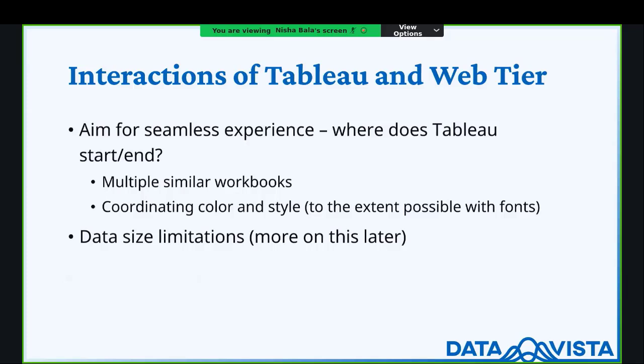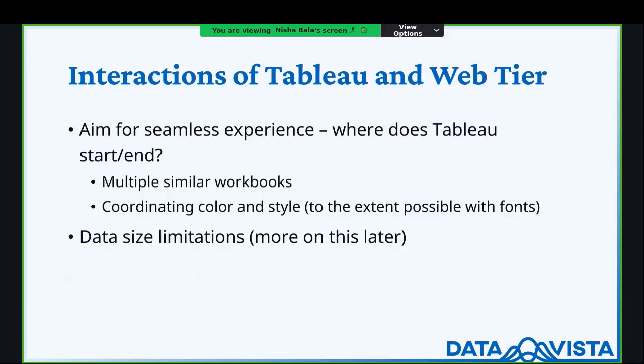So, for example, if you've been on the DataVista single metric view page, you're first taken to a page that says, hey, choose which student group you're interested in. And that's our way of making sure that we could divide out the workbooks, have multiple workbooks, but still make it feel like it's part of one experience. And same thing with the extension to the web tier.